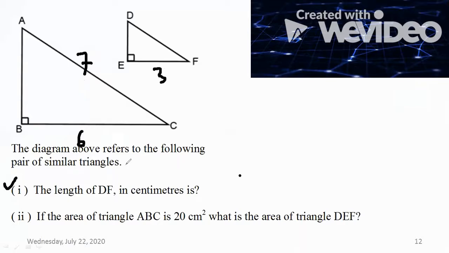The diagram above refers to the following pair of similar triangles. And this is an angle here. So these two angles are equal, and these two angles are also equal.